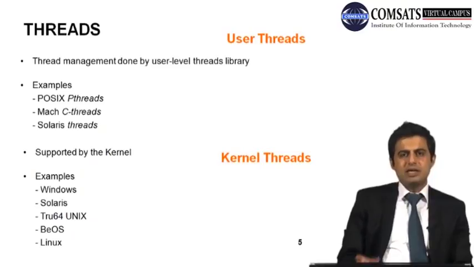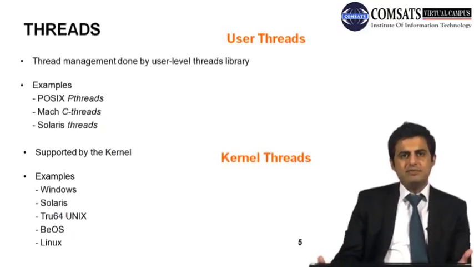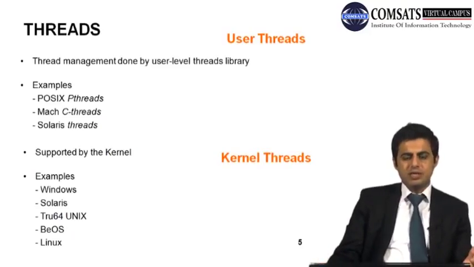So some examples are like in Windows you have got kernel threads, in Solaris, in True64 Unix system, in BeOS system, and in Linux system. They all have got their own threads, which you can clearly see when you are working on an operating system. You can use multiple applications at the same time. You can do multitasking, and your resources are being shared by all the threads.